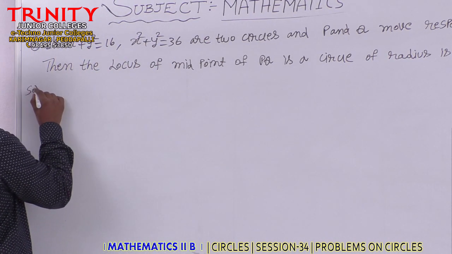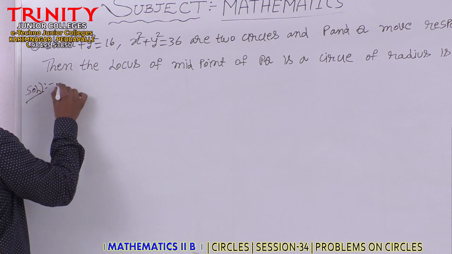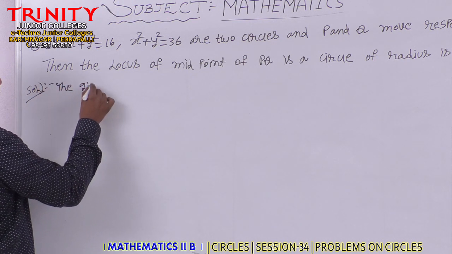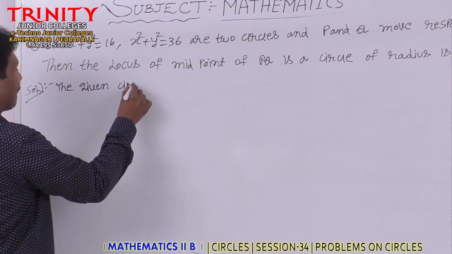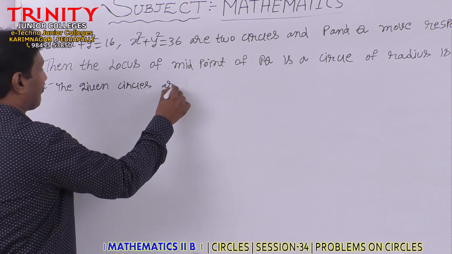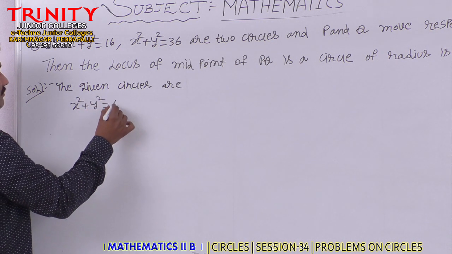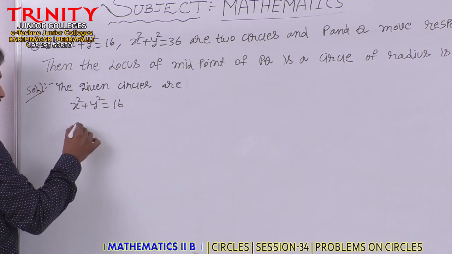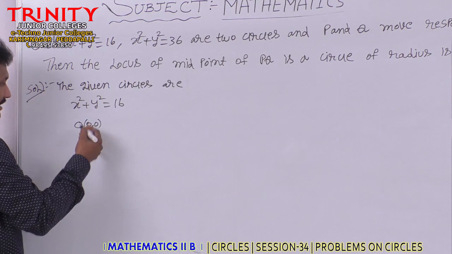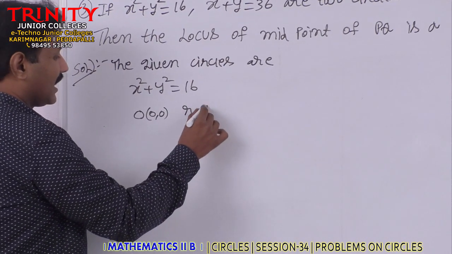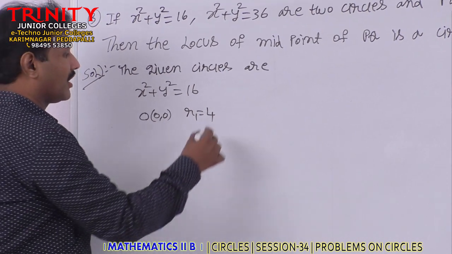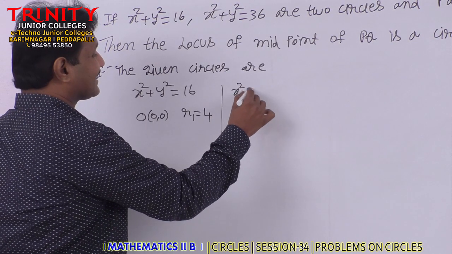Solution. The given circles are: the first circle is x² + y² = 16. That means the center is the origin O (0, 0), and the radius of the first circle is R1 = 4. This is the second circle.